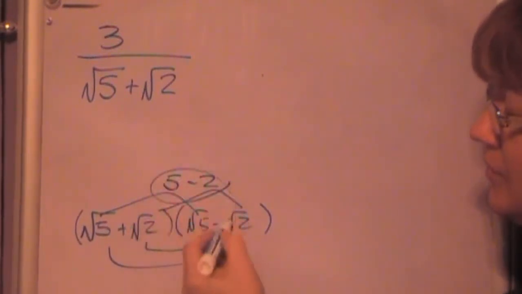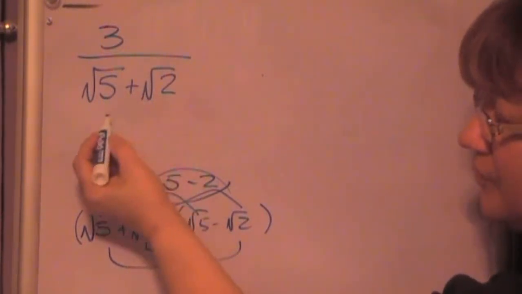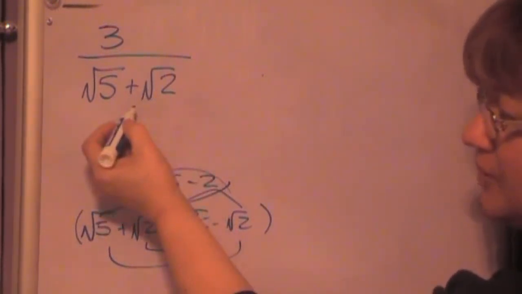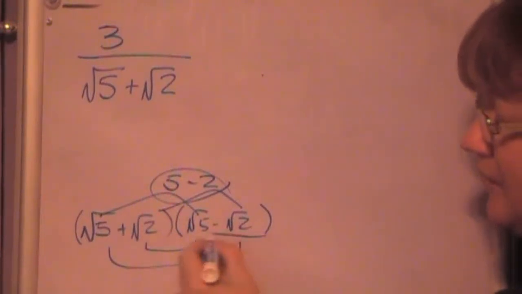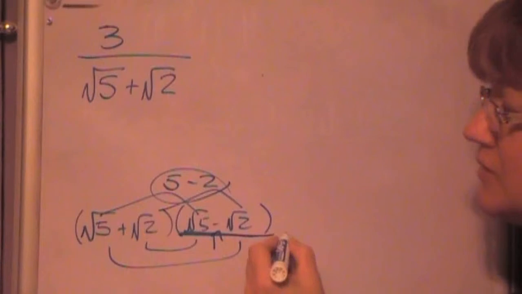So this is what you're looking for. Whenever I have a root 5 plus root 2 or anything plus another root, you're going to multiply it by the other one so that you can get the opposite sign in the binomial so that you can get rid of that.